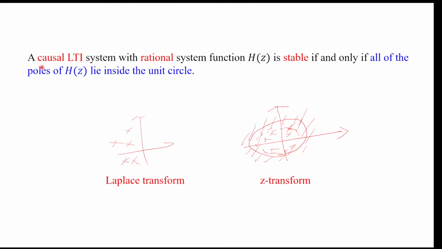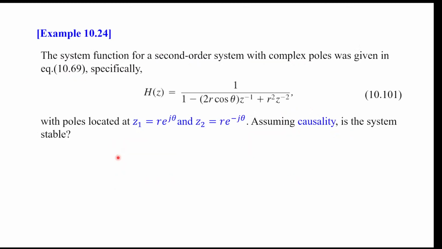Because you want the outermost ROC to also include the unit circle, all the poles must be inside this unit circle. This is similar to the Laplace transform case, where you want all the poles to be to the left of your j omega axis. Okay, and I think we are pretty good at this.